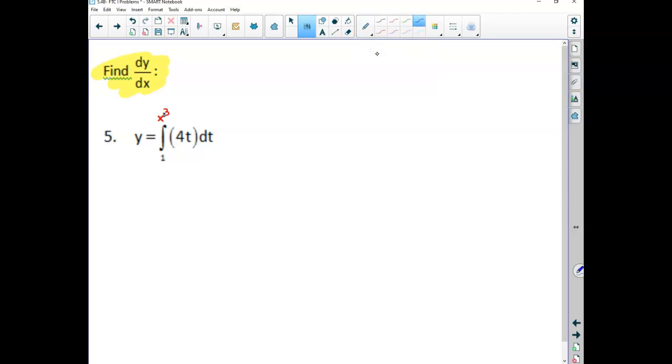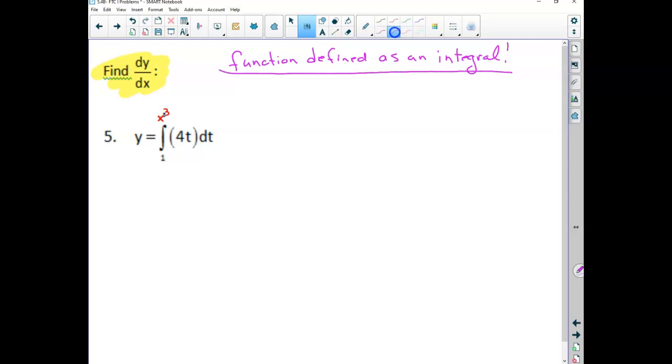And the next thing that's very explicit is this is a function defined as an integral. So if I'm taking the derivative of an integral, think of order of operations.